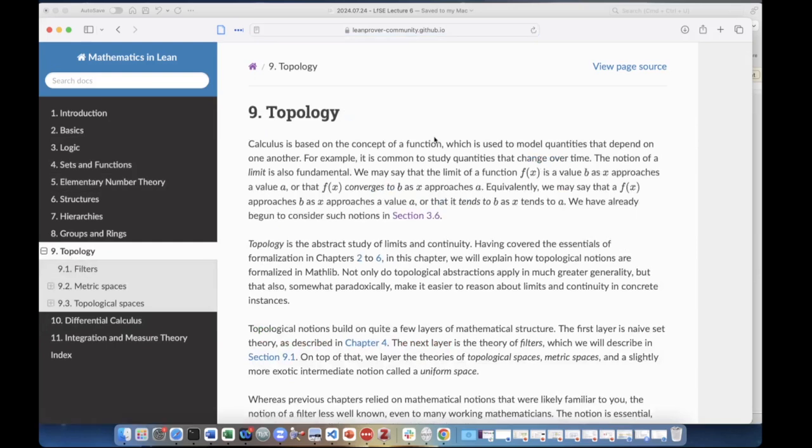Topology is about limits, basically, the abstract study of limits in continuity. And we were discussing an earlier comment, do reals include the infinity and negative infinity? And that totally connects with this question of topology. Writing proofs with at bottom and at top, for example, type of things are related to topology and limits.